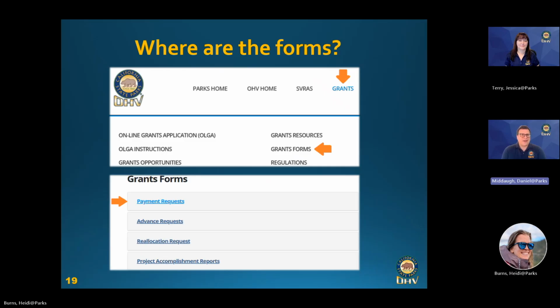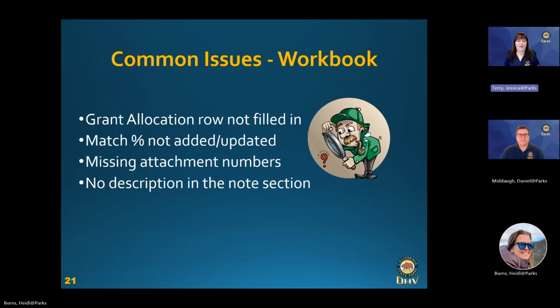So if you're already working in there, getting ready to submit documentation, you can just pull the files from there also. Also, I'd encourage you to bookmark this page just so you can navigate to it earlier and skip that whole step with searching on Google. Next slide, please. All right, now let's review common issues we see within the reimbursement workbook.